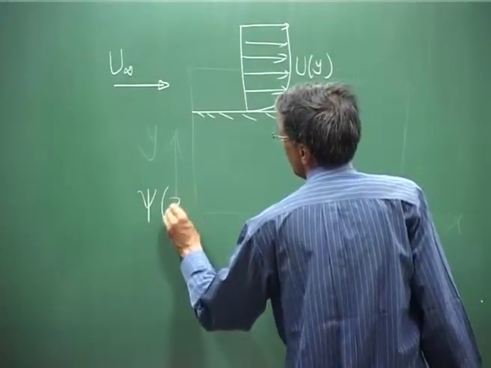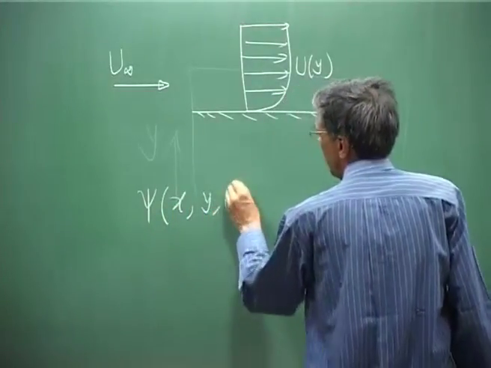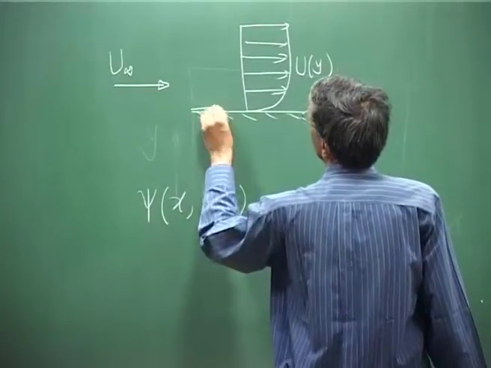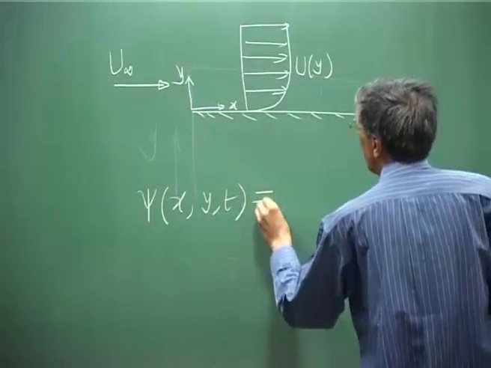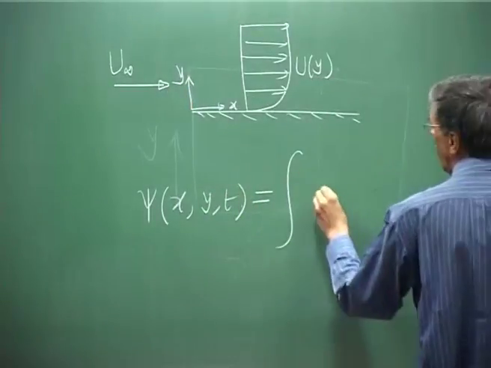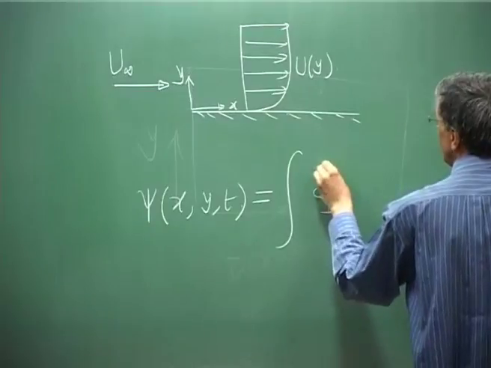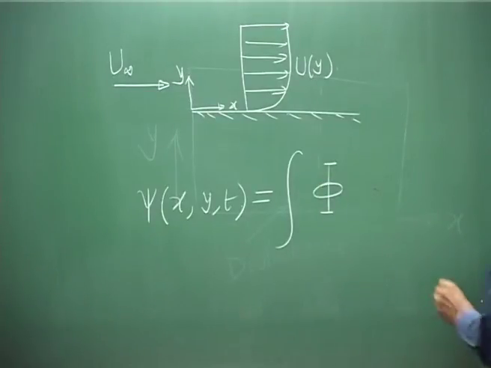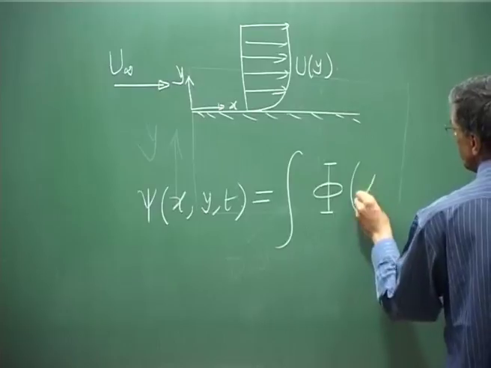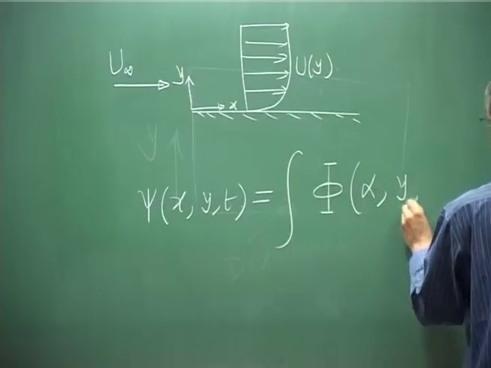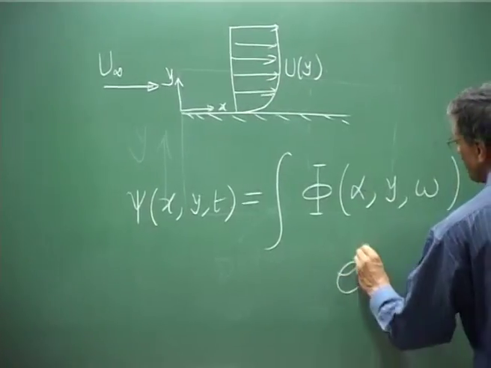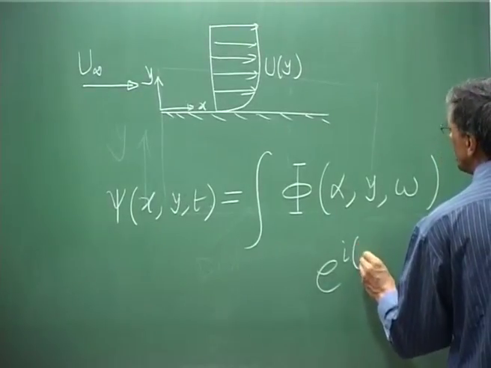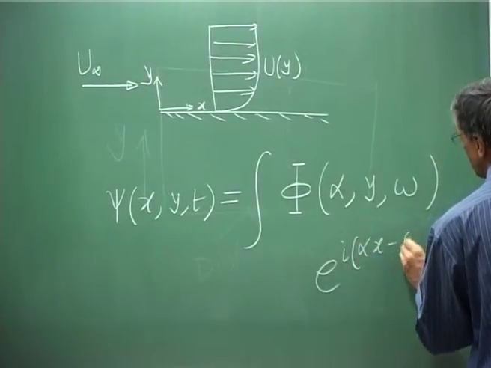And for this problem, if I am talking about a simple 2D problem, then this is written down in terms of a Fourier Laplace transform with the basis given like this.